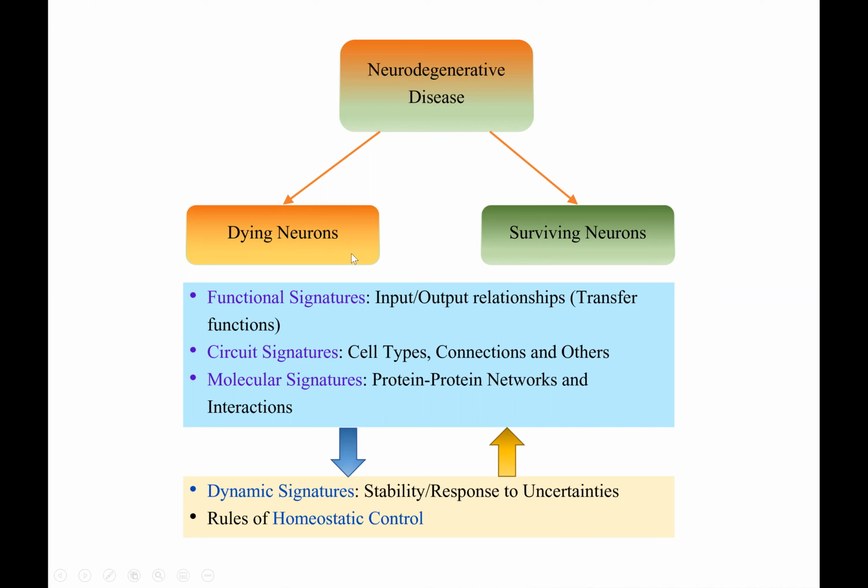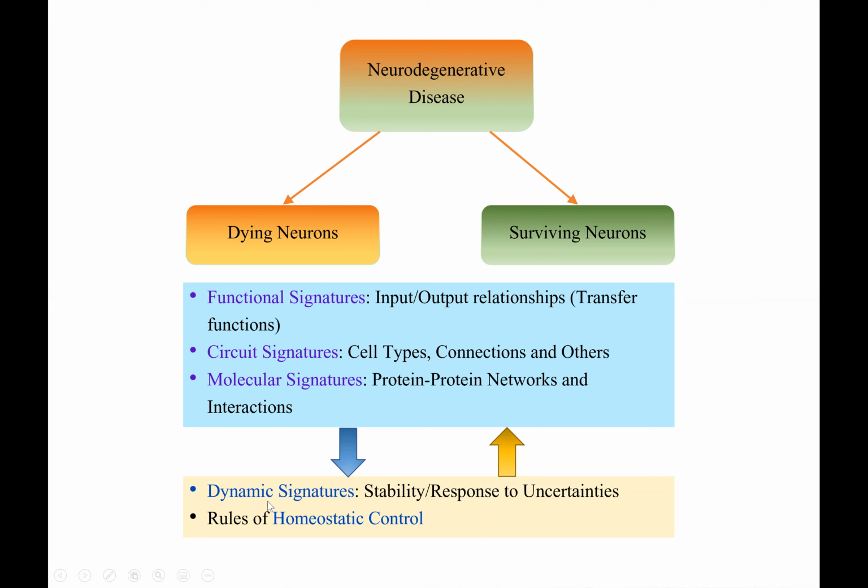So we think that by understanding the functional signatures, circuit signatures, molecular signatures of these two very different kinds of neurons, we may be able to understand the disease better and identify windows of opportunity for intervention. And to do this, it is inevitable to use dynamical approaches as well as other types of computational approaches.